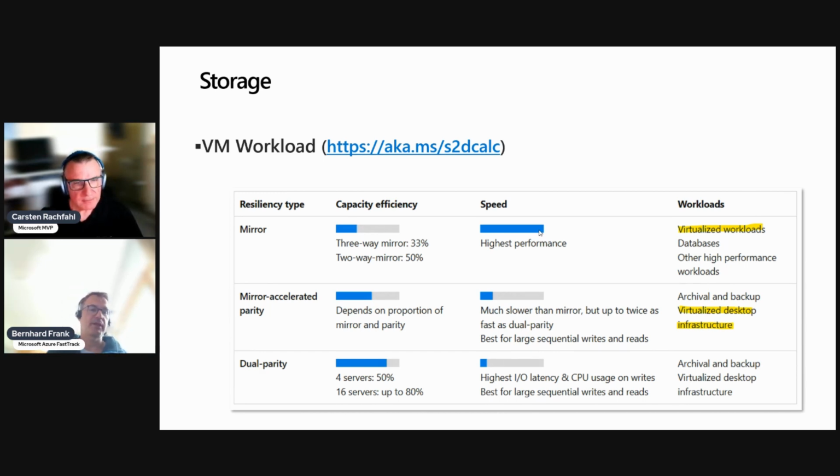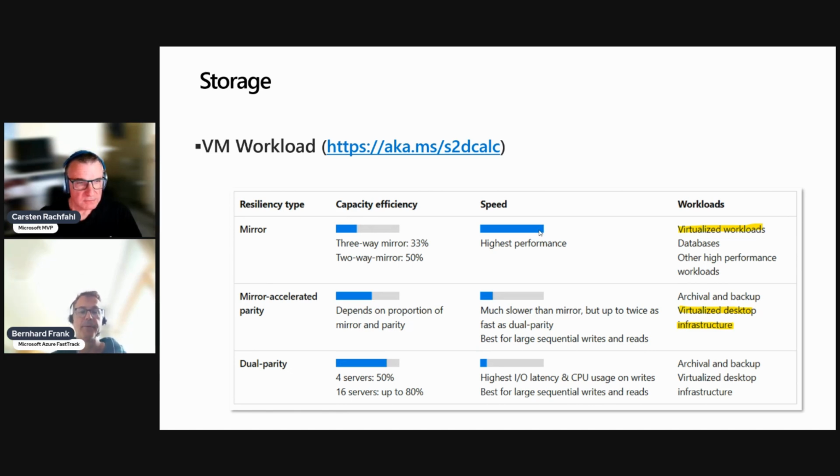So we see mirroring for the highest performance, or what you said, mirror-accelerated parity, where the system puts the stuff that requires higher performance into the mirror piece. And the other stuff, maybe you are also running backups or storing large amounts of videos, which are only required for reading, would go into the parity part and be perfectly fine there.